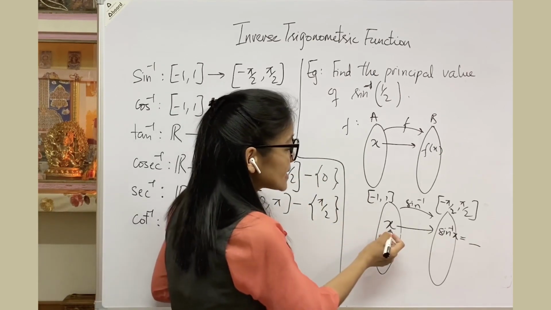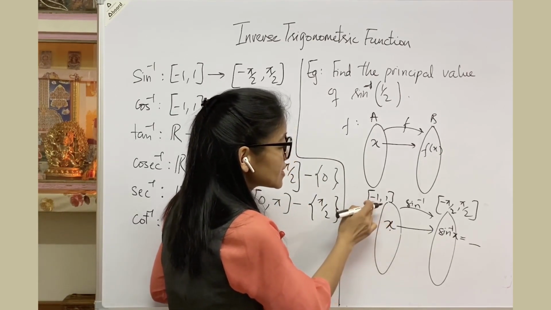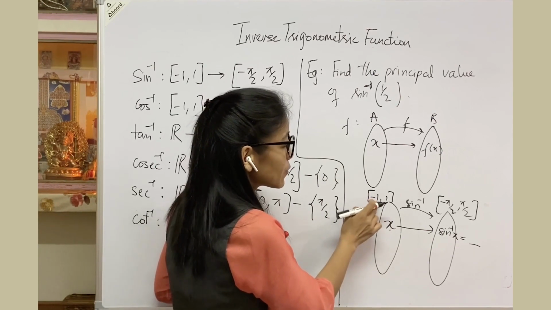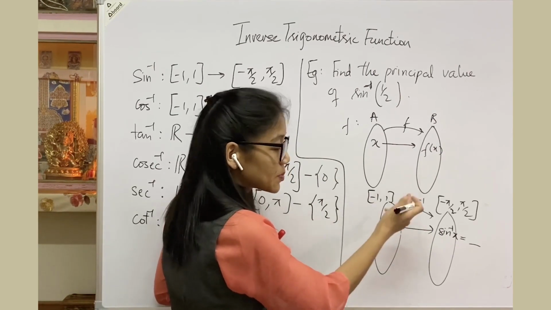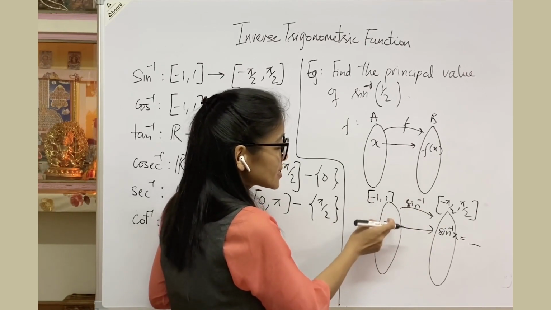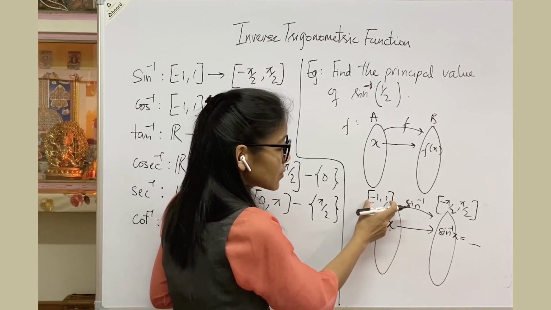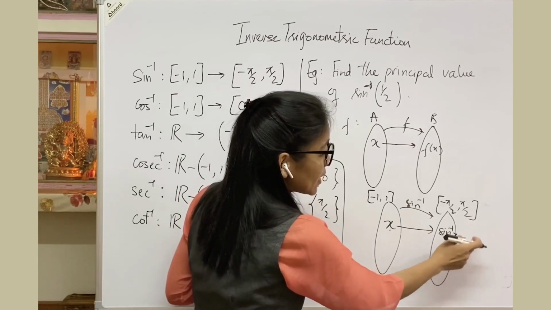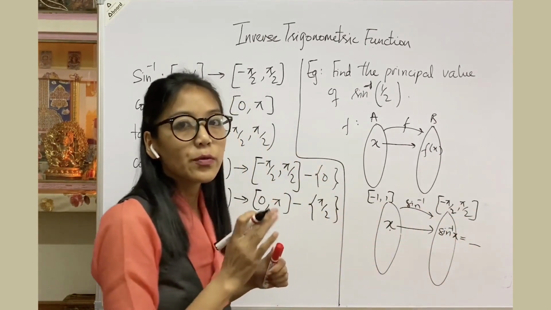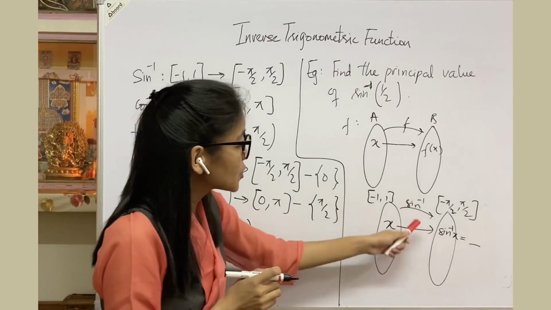And this x has to come from the closed interval -1 to 1. You cannot take x outside this bracket. For such x you will get a value that will always lie within the principal branch.